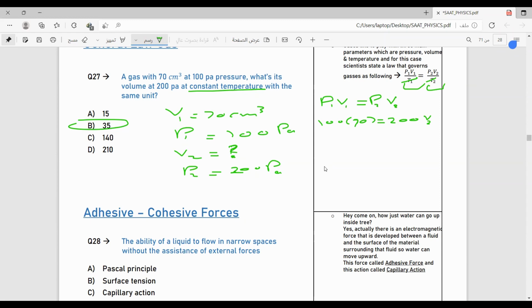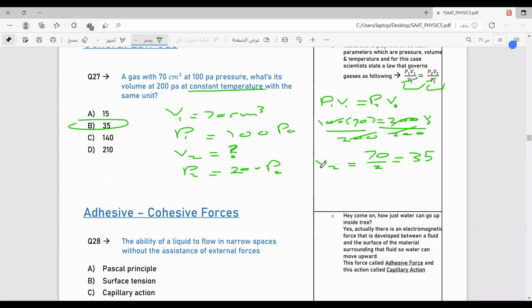When you make the calculation, divide by 200 here, and this 200 and 200 will be gone. These zeros in 100, two zeros, will be gone. We will just end up with V2 equal to 70 over 2, which is equal to how much? 35, as you have all mentioned.